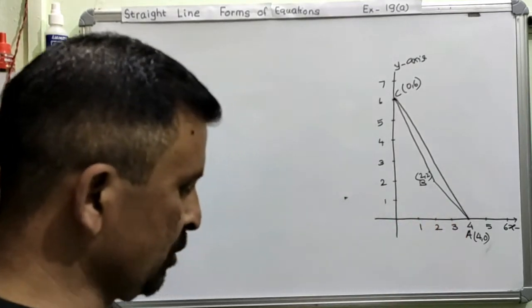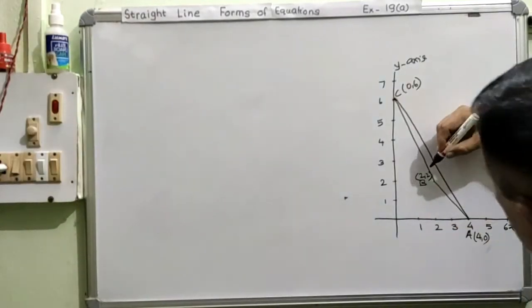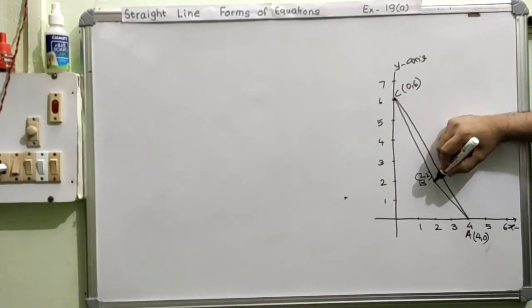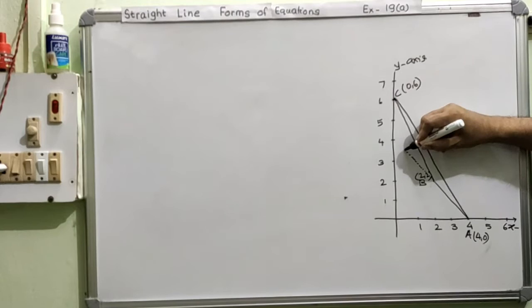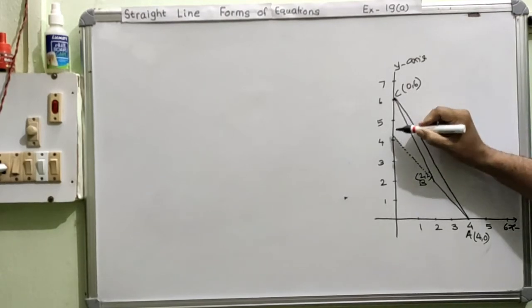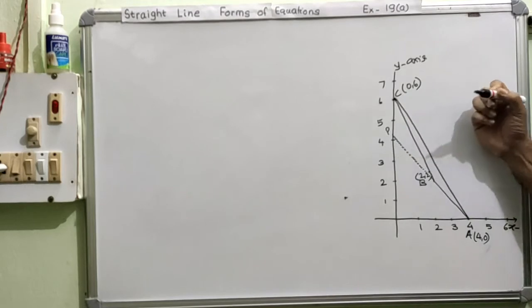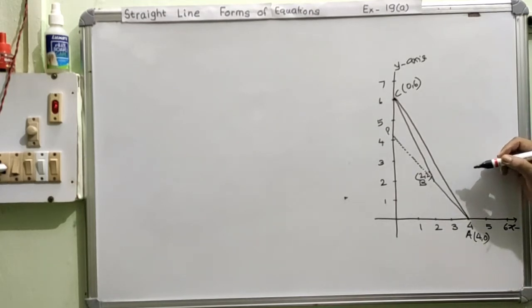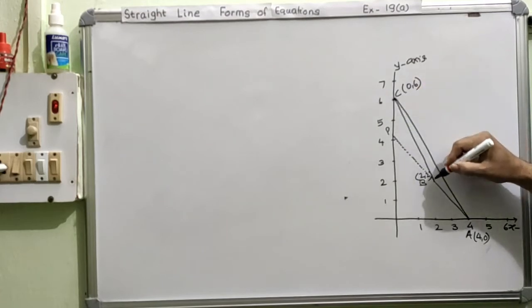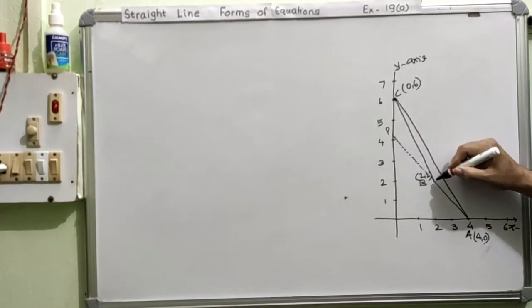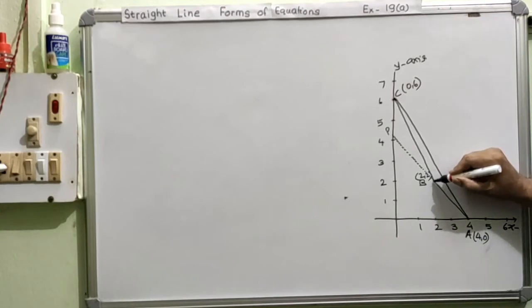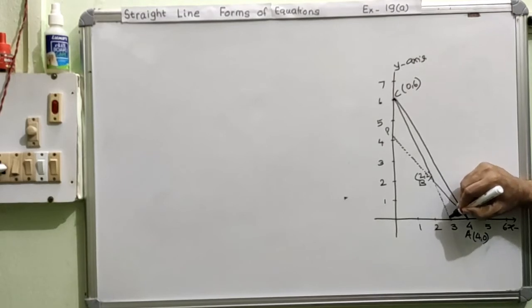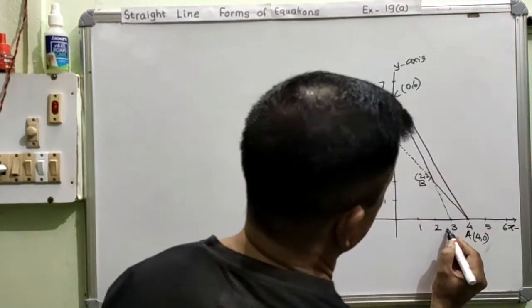AB produced to meet the y-axis at P. So when AB is produced, it will meet the y-axis at a point, and the question says let that point be P. And CB is produced to meet the x-axis at another point Q. This is point Q, right?